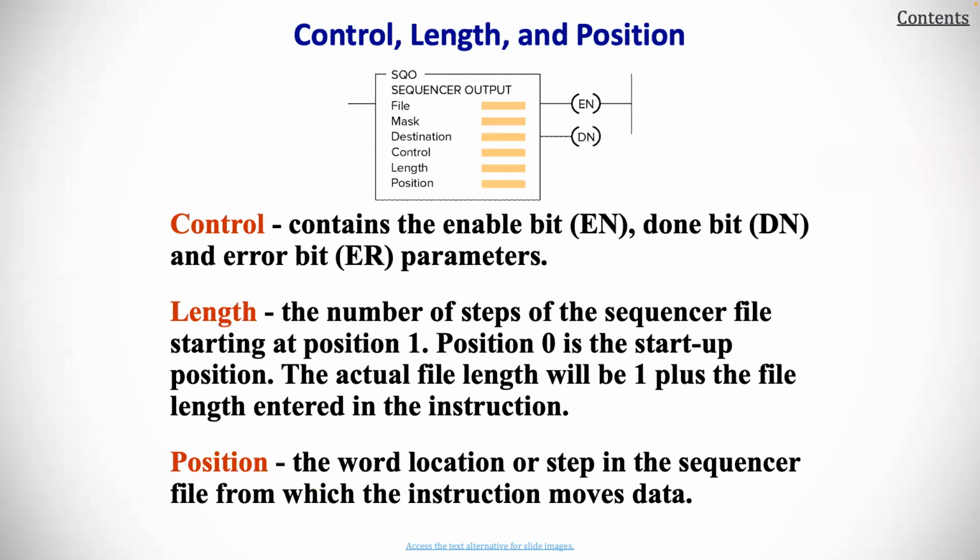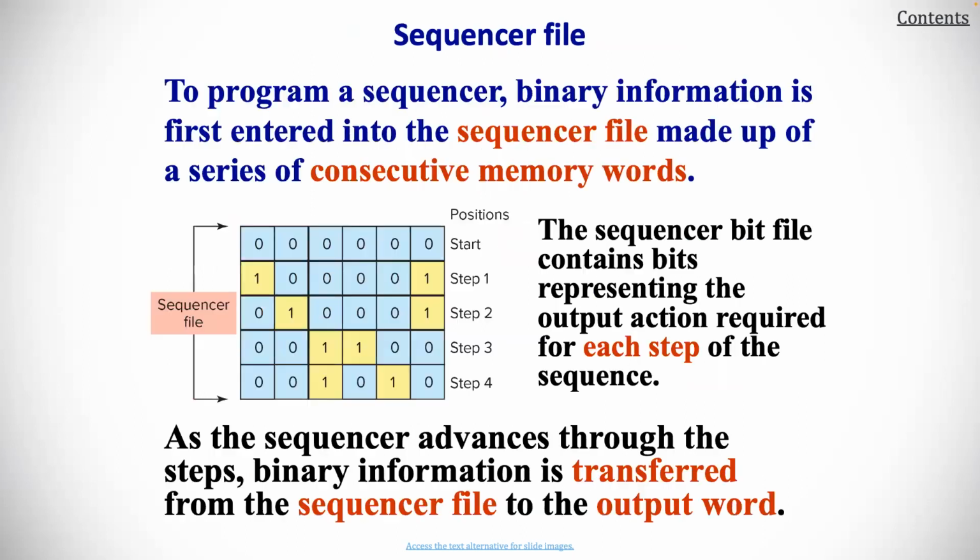The control contains the enable bit EN, done bit DN, and error bit ER patterns, and length is the number of steps of the sequencer file starting at position 1. Position 0 is the startup position. The actual file length will be 1 plus the file length entered in the instruction. And then we have position, the word location or step in the sequencer file from which the instruction moves data.